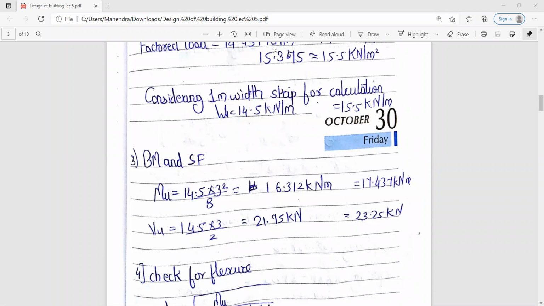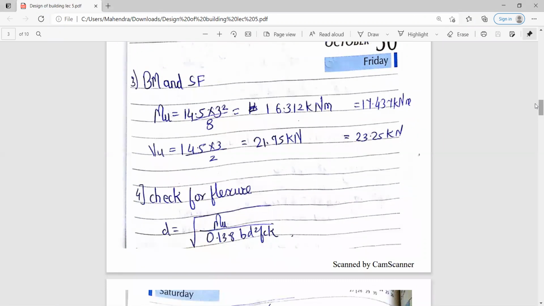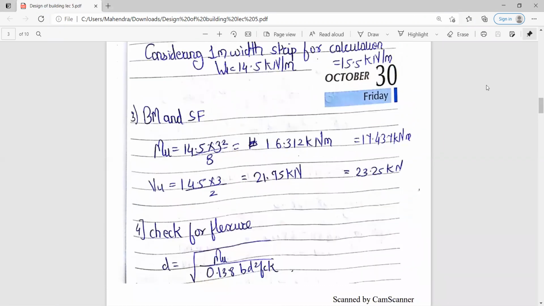After that, the next step is to calculate the bending moment and the shear force. So for calculation of bending moment and shear force, we have the formula: moment equals WL square by 8 and shear force equals WL by 2. So the total length for S3, आपकी total length कितनी थी? 3 मीटर.